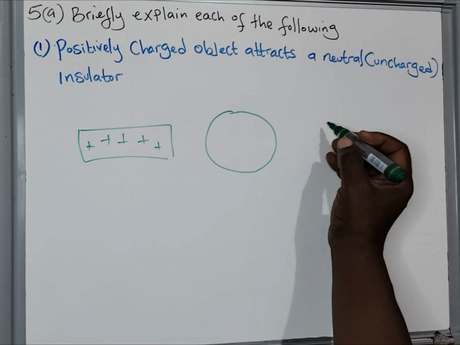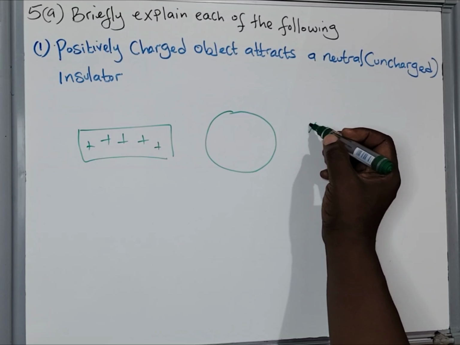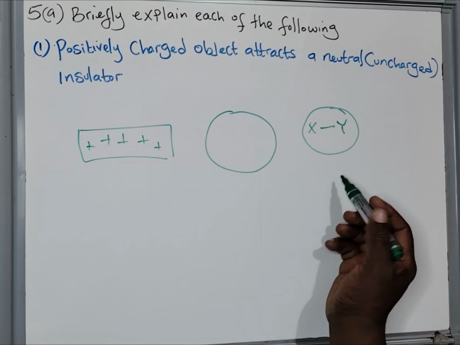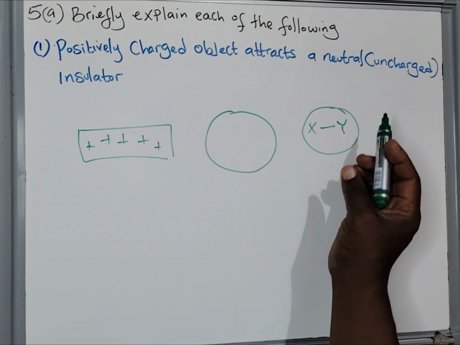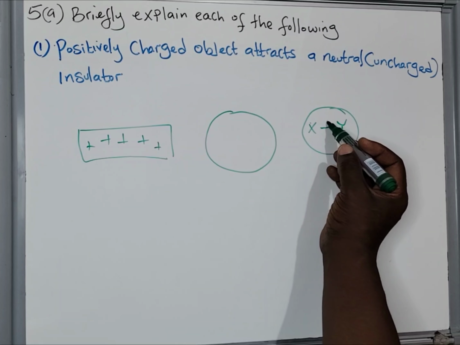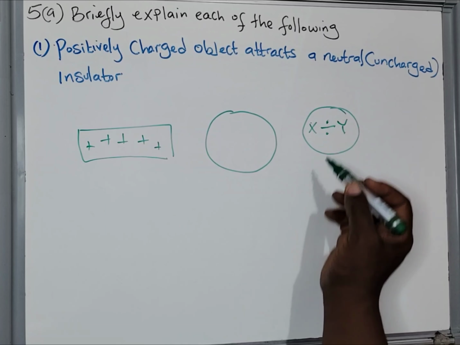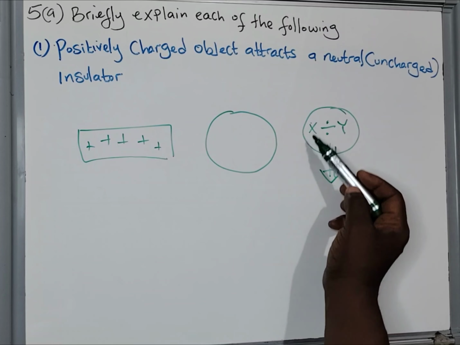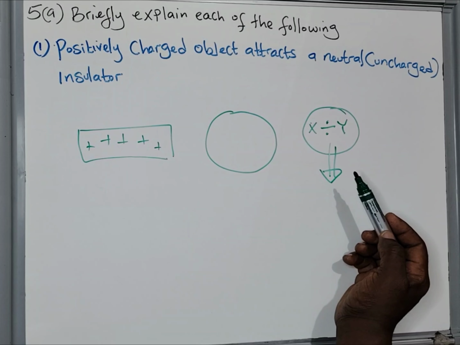I'm giving an example of X and Y. You have to know that every time you have a molecule, what you call a bond is a pair of electrons. Our thinking is that this pair of electrons is in the middle, but that's not the case.